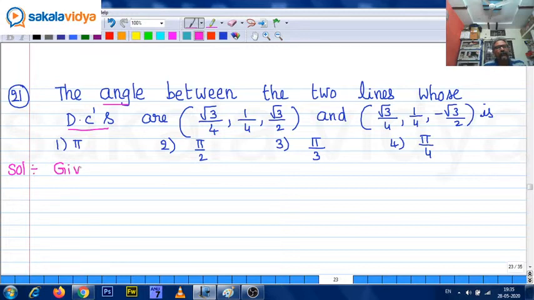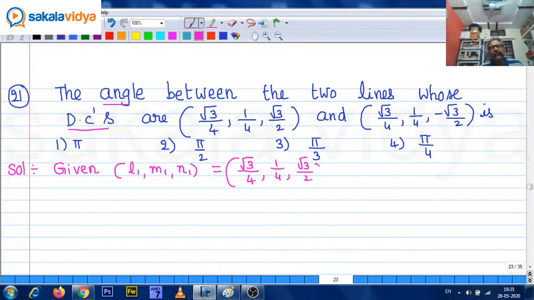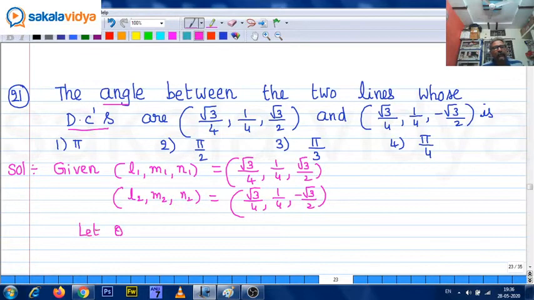Given L1, M1, N1, the direction cosines of the first line are √3 by 4, 1 by 4, √3 by 2, whereas the direction cosines of the second line L2, M2, N2 equal √3 by 4 comma 1 by 4 comma minus √3 by 2. Let theta be the angle between them.